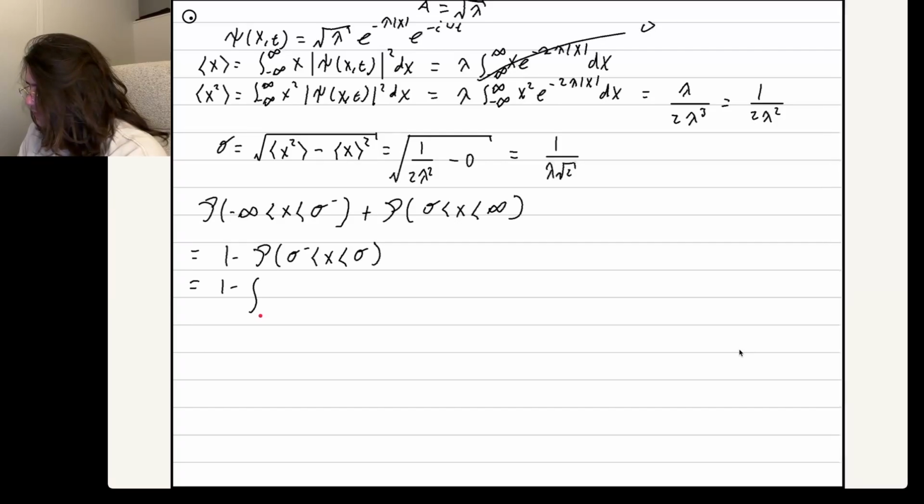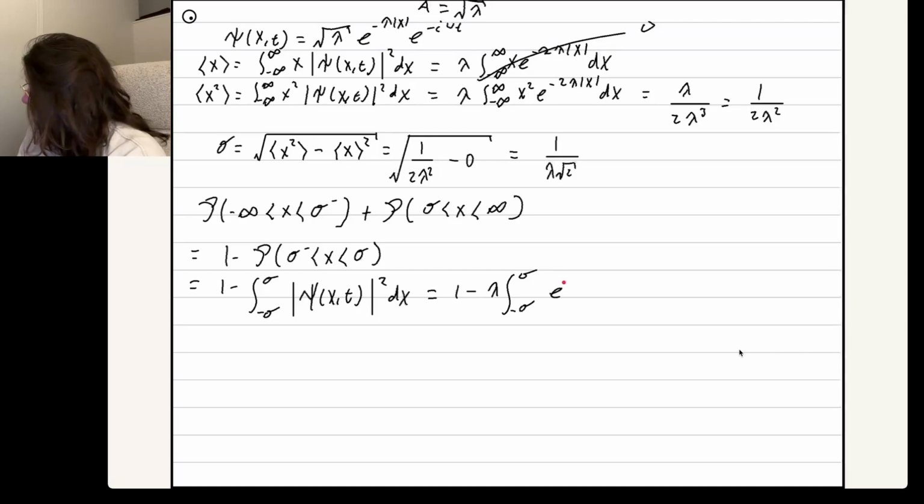So we're just doing the integral from minus sigma to sigma of the square modulus of the wave function. So you have 1 minus lambda times the integral from minus sigma to sigma of e to the minus 2 lambda absolute value of x dx.